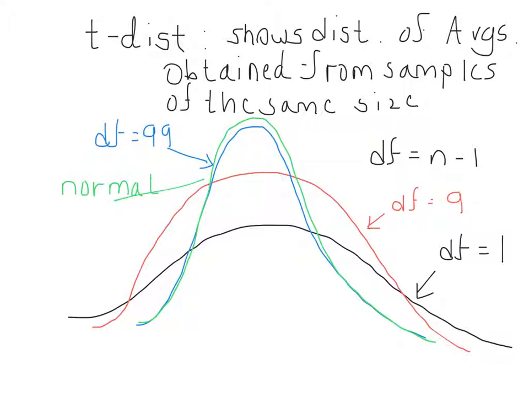So we see much less variability in our sample averages when our degrees of freedom are higher than we see when our degrees of freedom are lower. Greater sample sizes come from distributions that are more normal and less spread out.